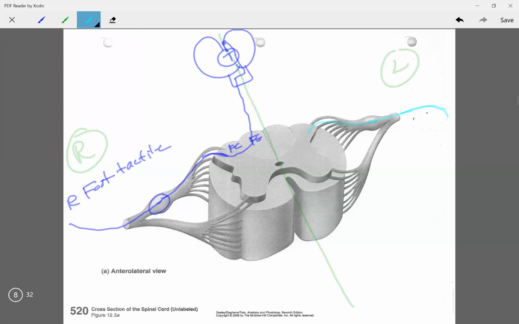Because it's the foot, it goes over to the fasciculus gracilis, goes up to the brainstem, specifically the pyramids, decussates, crosses over, goes to the thalamus, and then the thalamus sends it to the appropriate area of the primary sensory cortex. So left body goes to the right brain. Right body goes to the left brain.